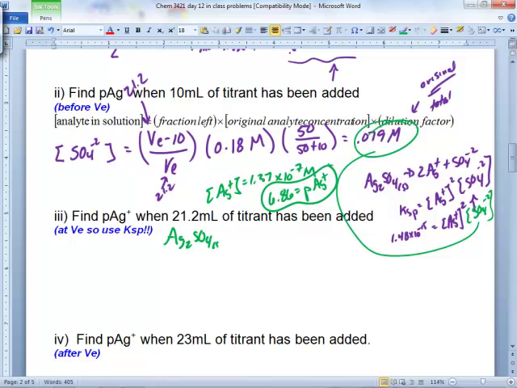Ag2SO4 solid goes to 2 silvers and a sulfate. So we have to get the concentration of silver, and once we get it, take negative log, and we'll have pAg+. So how do you get the concentration of silver?